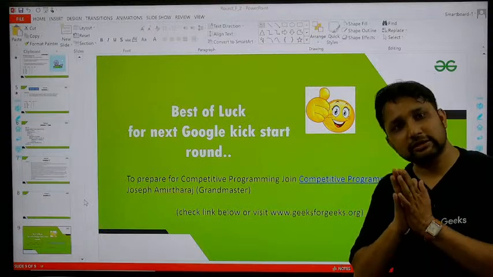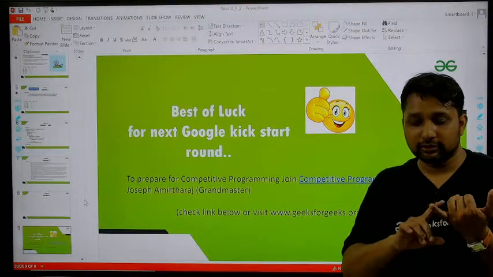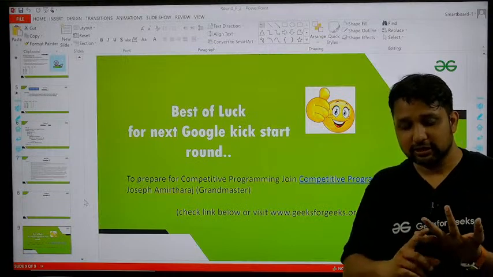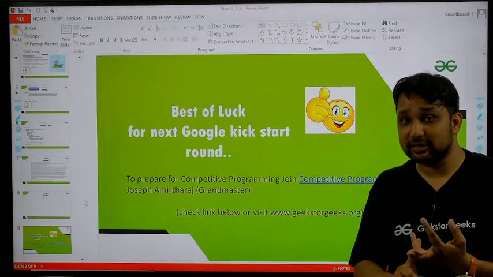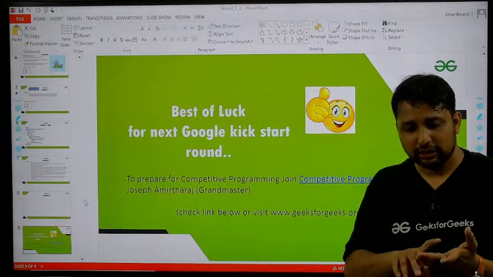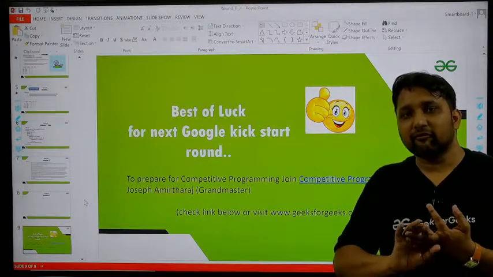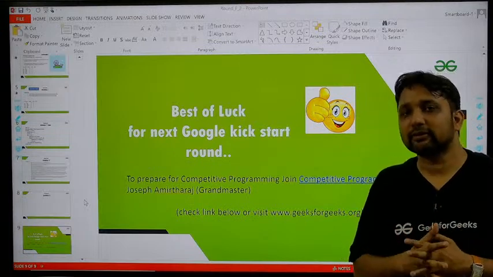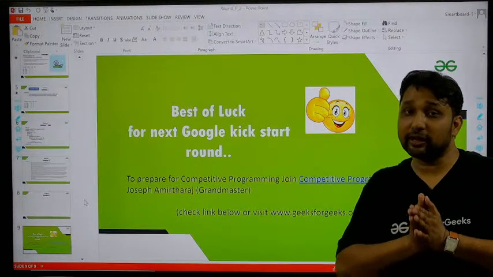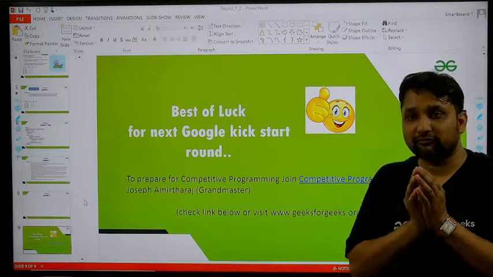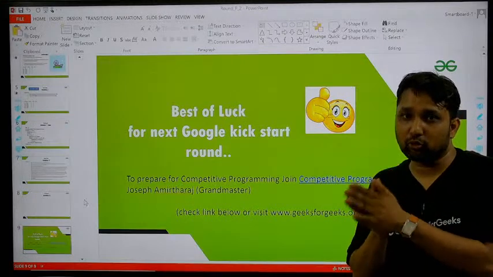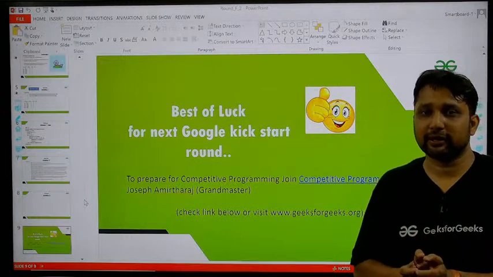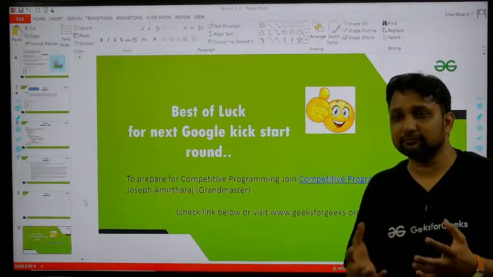So in the last session I told you that the language is a must, data structure and algorithm is a must, and competitive programming is a must. Go through them. If you start preparing from today, then in 6 months you will be good at this, and in 1 year you will be a master at this. So even after 1 year, if you get placed in Google, that is much better than working with any company.